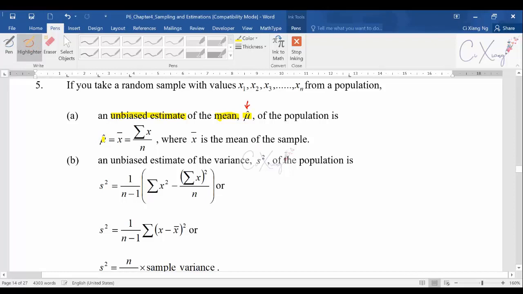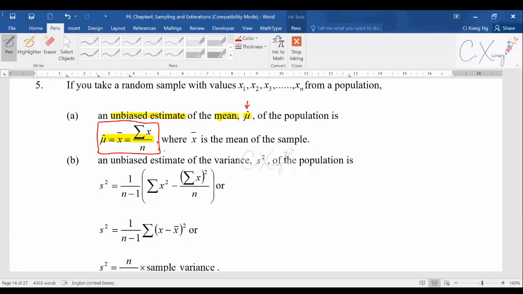The unbiased estimate of the mean, the formula is very straightforward, which is the original equation for the mean that you learned before, summation x divided by n. Last time you learned that the population mean is equal to the sample mean. When you take a sample from the population, the mean value is always the same.